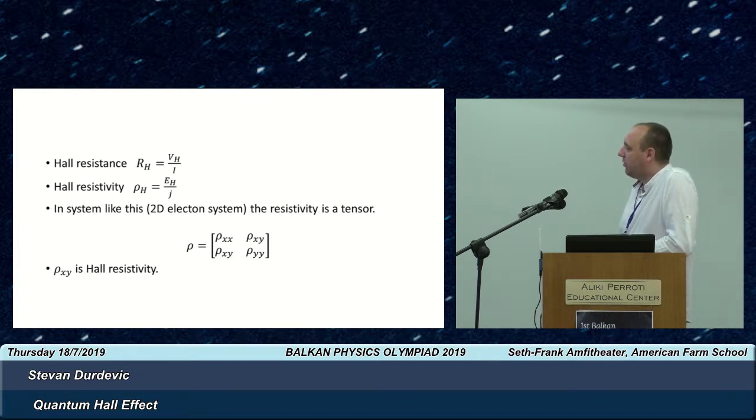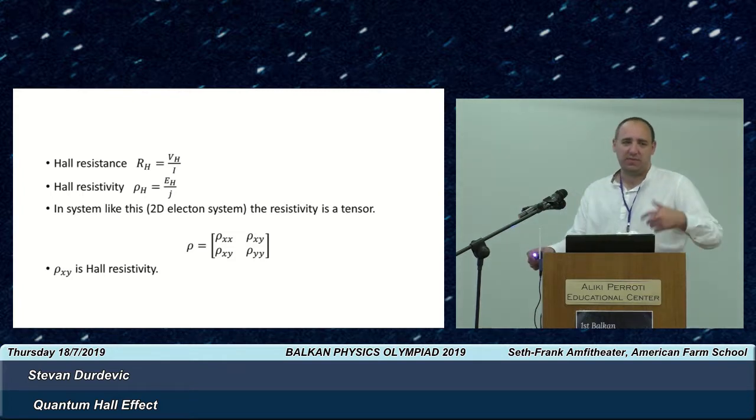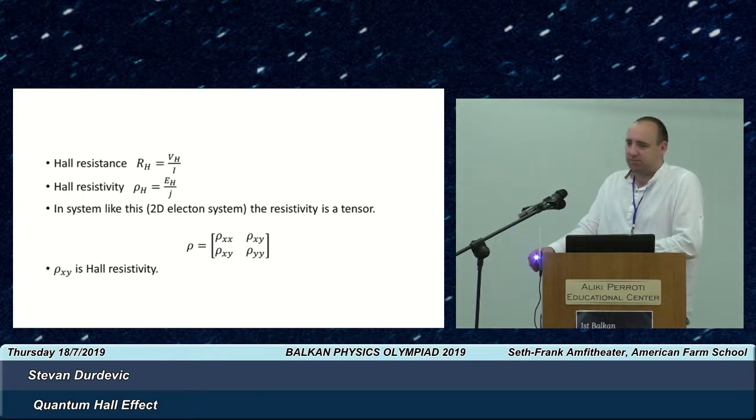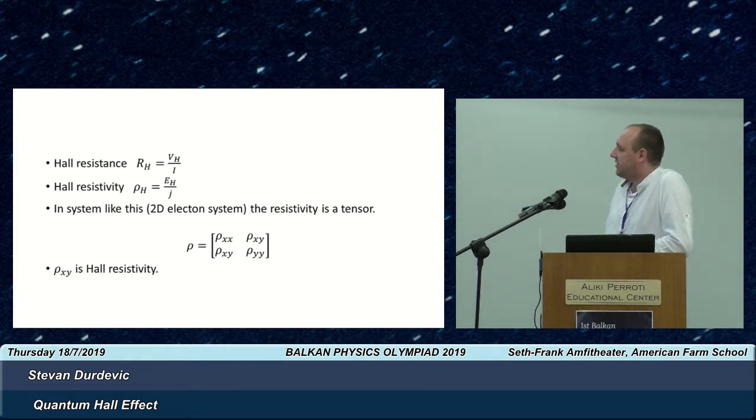For two-dimensional electron systems like our metal conductors, the resistivity is a tensor. I know you don't know what a tensor is, but the diagonal elements in that matrix are the usual resistivity, and the elements off the diagonal are the Hall resistivity.